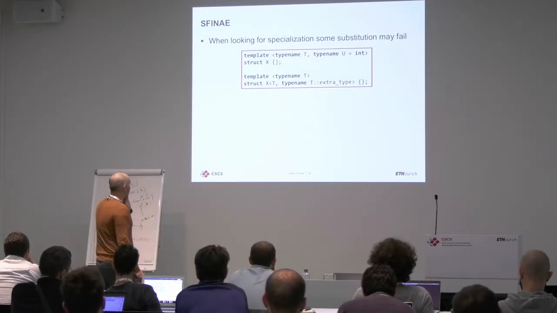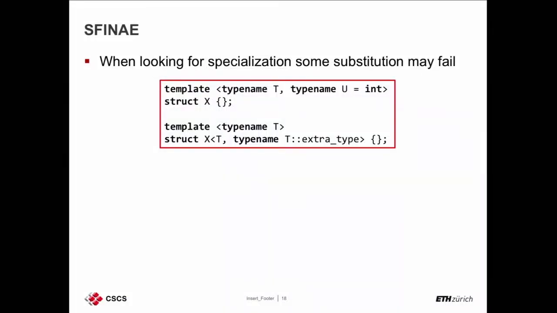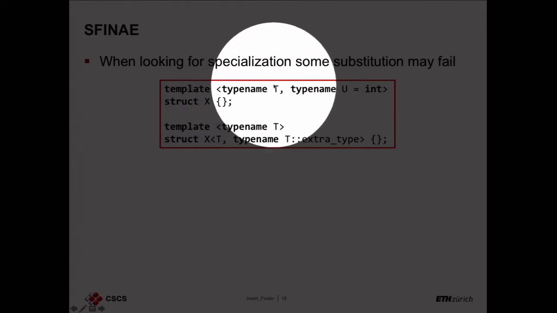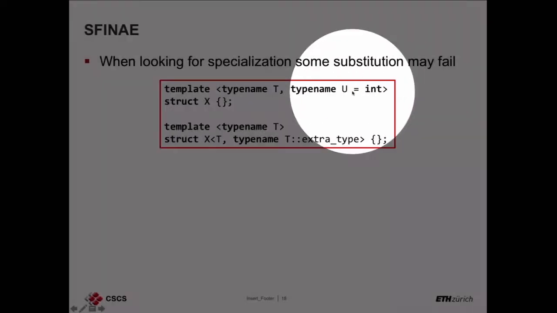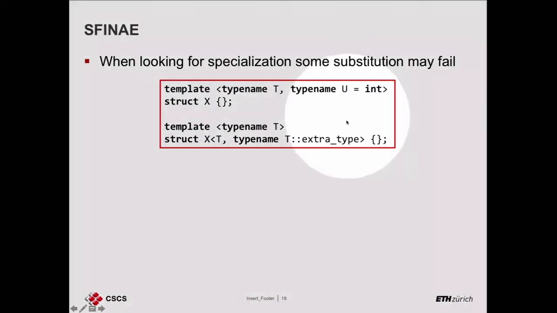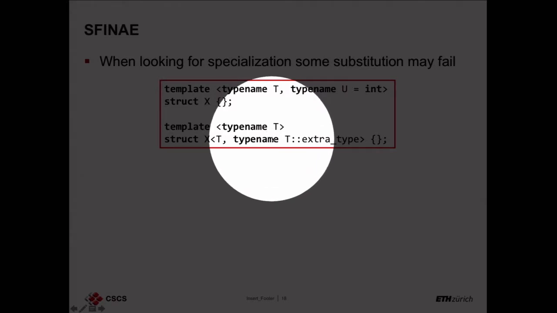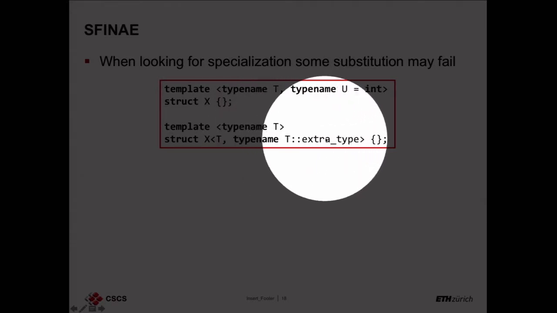Let's see why this is very useful. Let's say we have a class, struct X, with typename T and typename U, which is an integer, whatever. And then we have a specialization of this with type T, in the cases in which T has an extra type, T::extra_type.